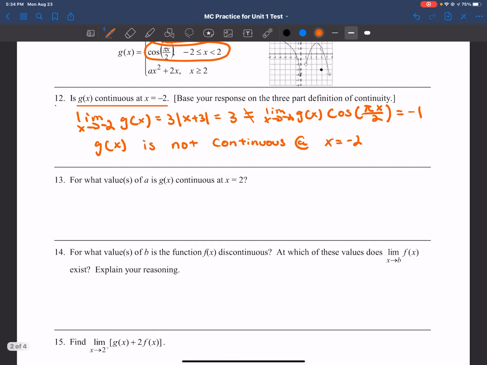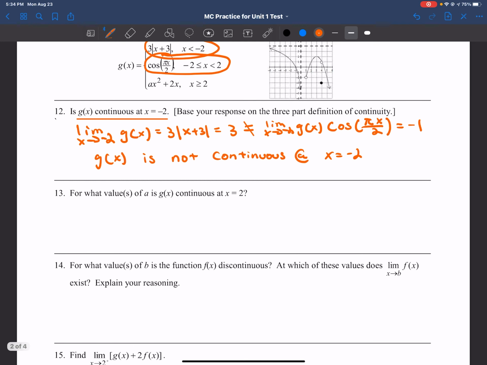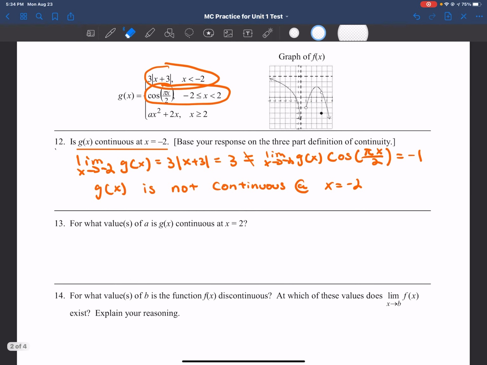For 13, it asks for what values of a is g of x continuous at 2. So going back to our equation, we will use the second one and the third one, because for the second one, x is smaller than 2, and for the third one, x is greater than 2.